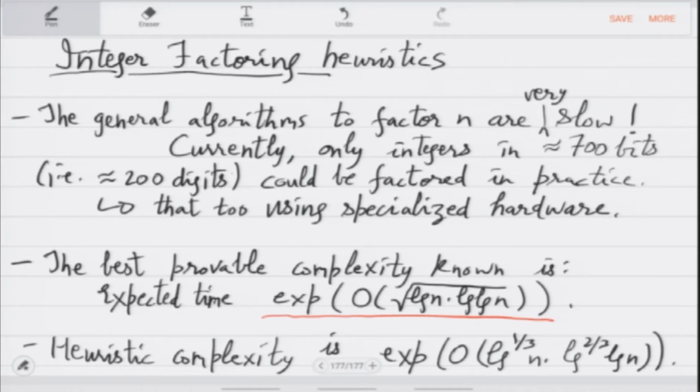Provable is log n to the half, and this is happening in the exponent. So this is a weird complexity function, right? We haven't seen this before. Let us talk about it a bit.